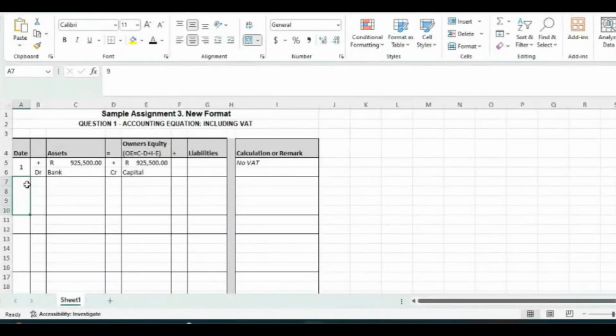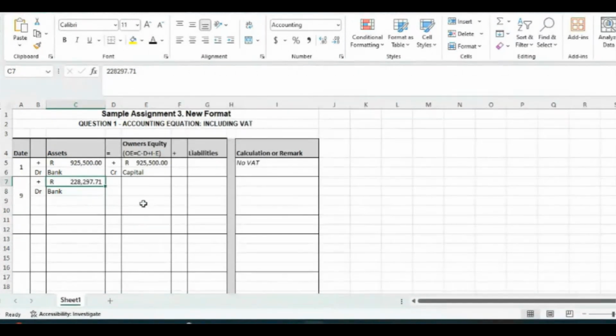Okay, so once again, we identify the date, and now we say, okay, there is going to be an increase, which means that it is going to be debited to an asset account that once again is bank, because if we have cash sales, the money is going to go into our bank and they give us that selling price.